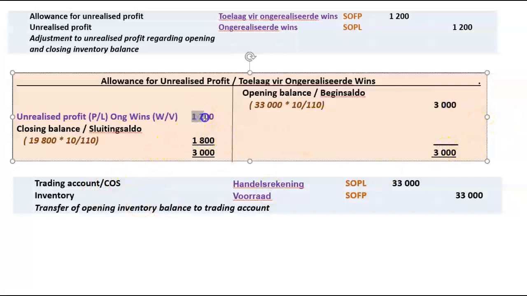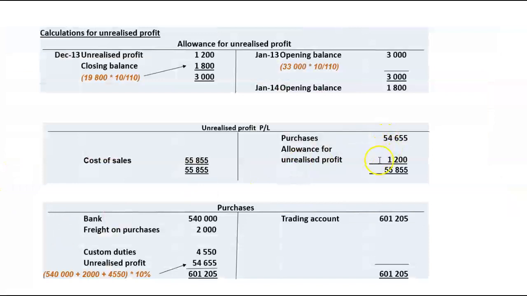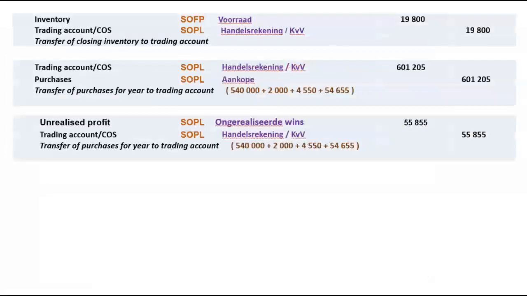By passing a debit entry on this account of 1,200. And we're going to take the 1,200 credit there to the unrealized profit P&L account. Great.